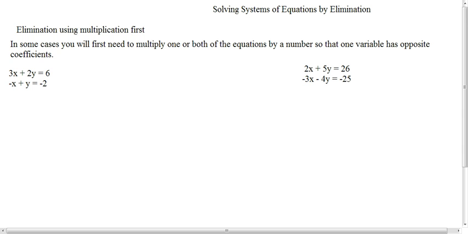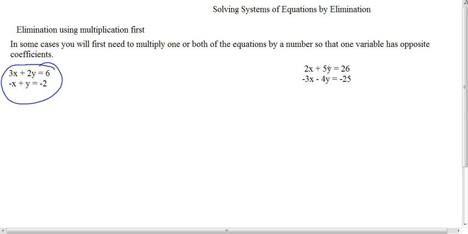What if we have to do something to both equations? We noticed in the very first one that we did, all we had to do was manipulate the second equation, and we were able to get the opposite 3 for the variable x, and then we could eliminate. But here, looking at this equation, we cannot just do that from face value.